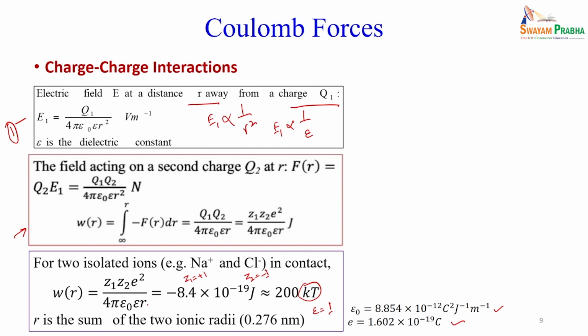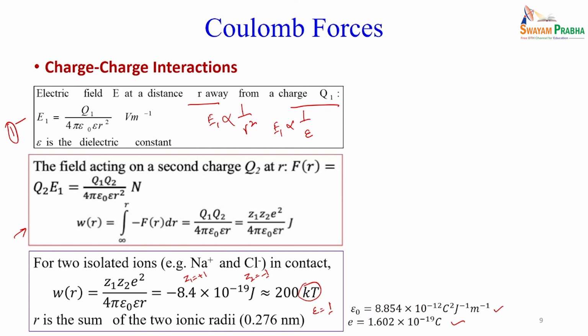Here R value will be sum of the two ionic radii Na plus and Cl minus, its value is 0.276. So, if you put plus 1 minus 1, e square, 4 pi epsilon naught, epsilon 1 and R is 0.276, we will get the interaction potential as 200 kT.